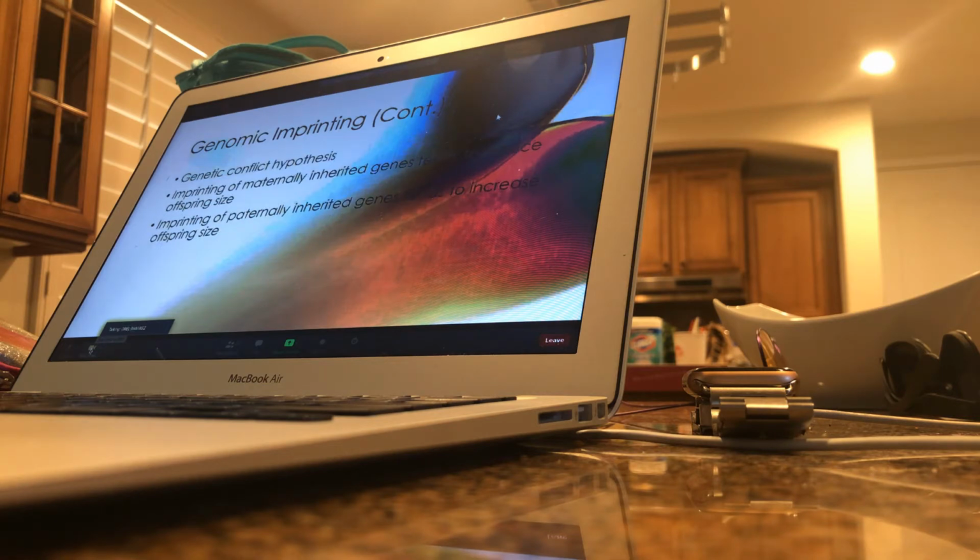There's a mentionable here that I should bring up, the genetic conflict hypothesis. This says imprinting of maternally inherited genes tends to reduce offspring size. Imprinting of paternally inherited genes tends to increase offspring size. Now this is more or less still being researched and tracked.